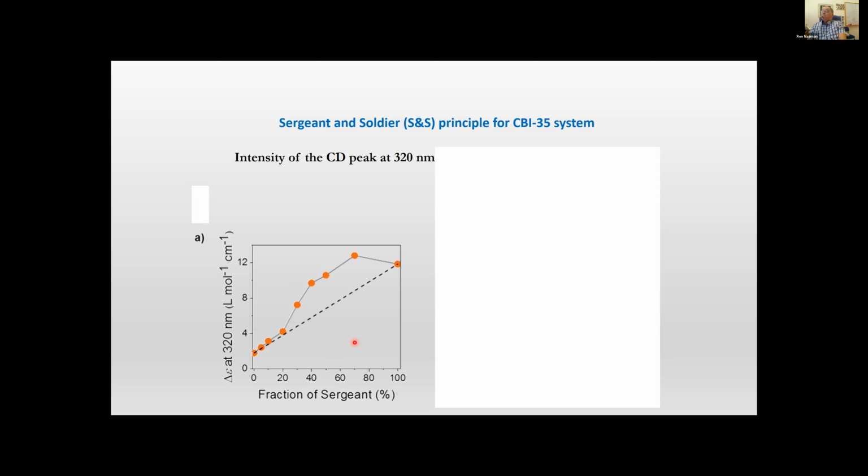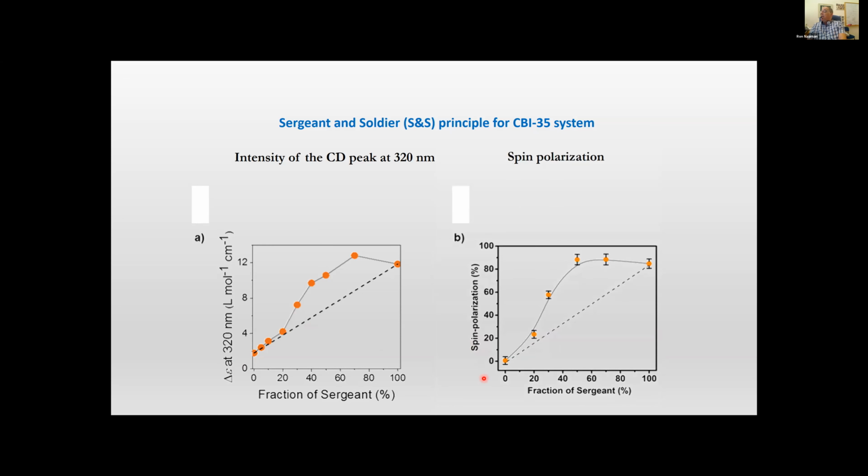But now we can measure the spin polarization for this type of wires. And here is the spin polarization measured for the same type of wires. And you realize, and that's a big surprise, that the spin polarization actually follows the optical activity. Please appreciate the fact that optical activity is a non-local property.